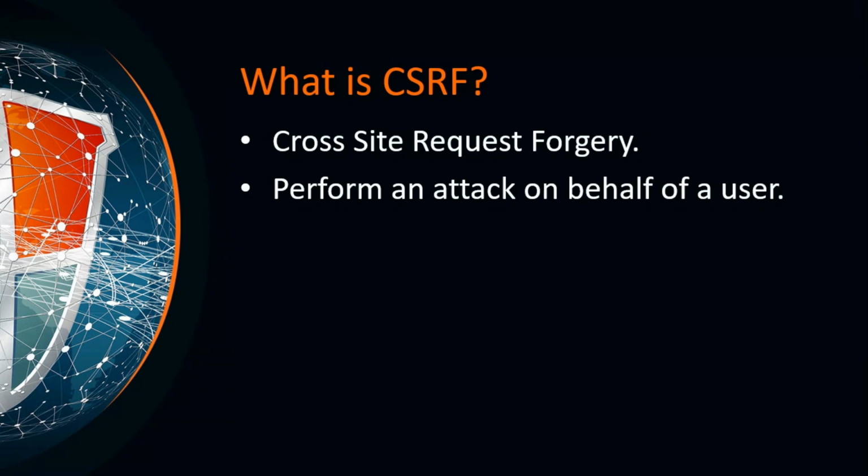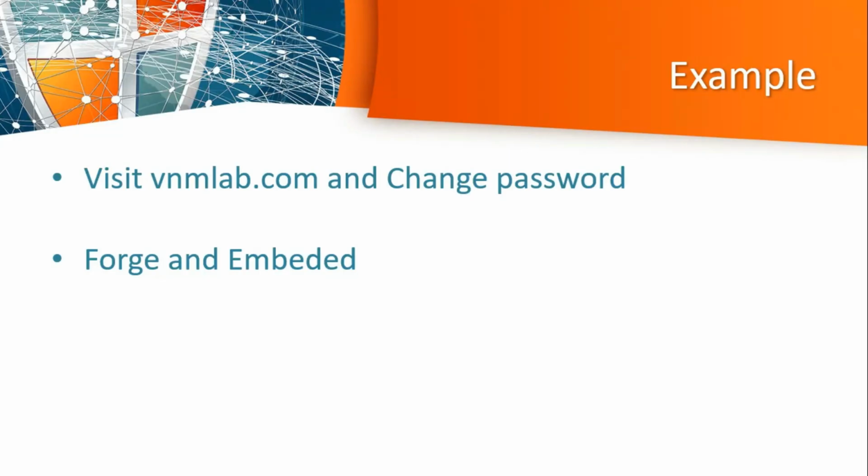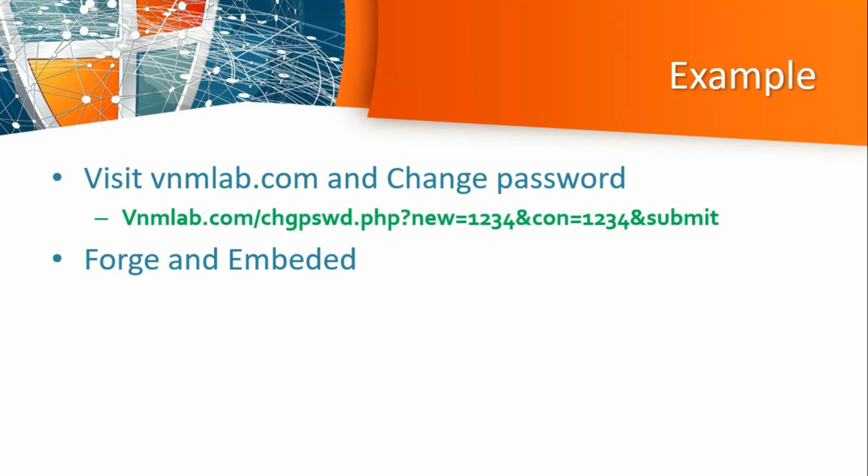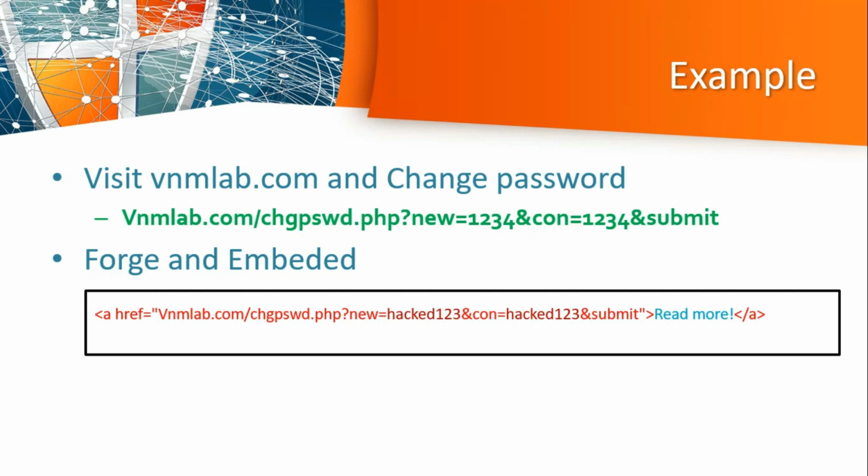Now let's understand CSRF with an example. As you can see, I am visiting a web application called vnmlab.com and I want to change my password. So I click on the change password link and I set my password 1234 and submit. Now the attacker is also visiting vnmlab.com and he forged his request something like this. So the attacker has embedded this request in an HTML form.